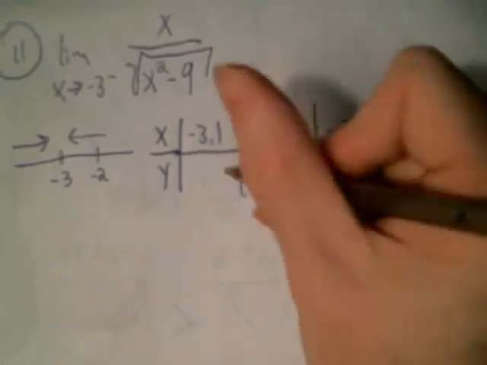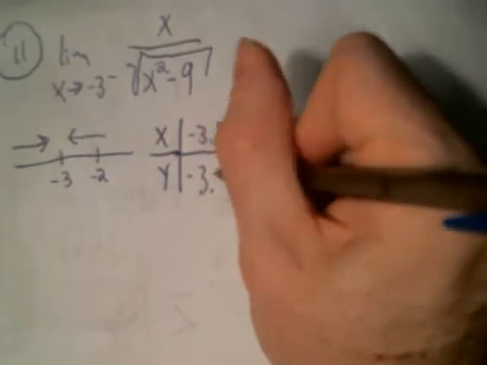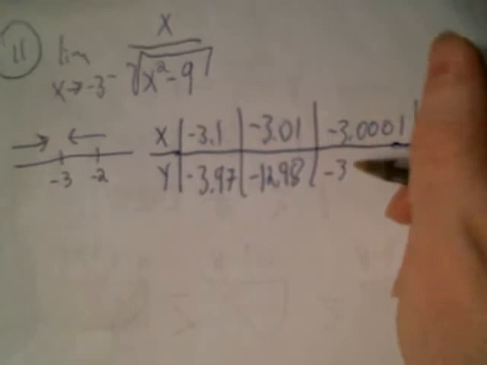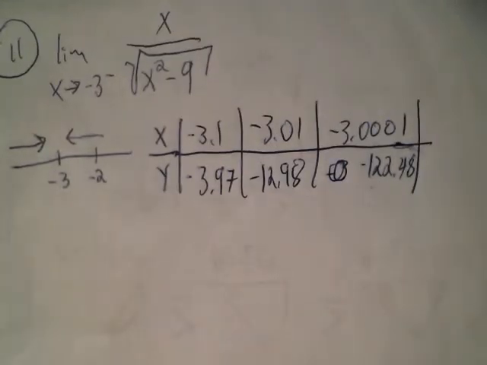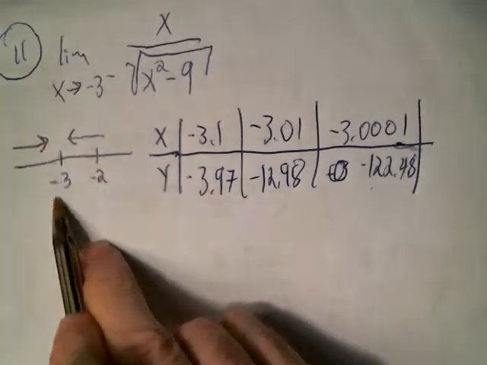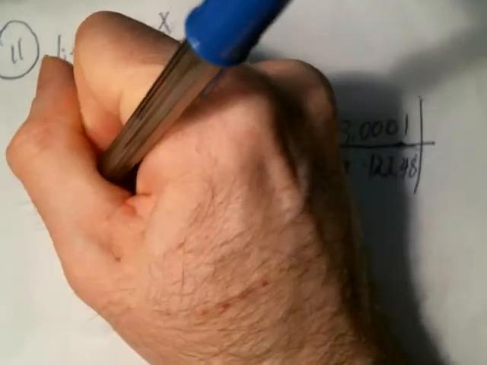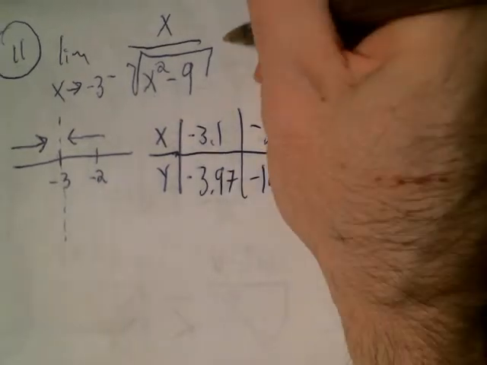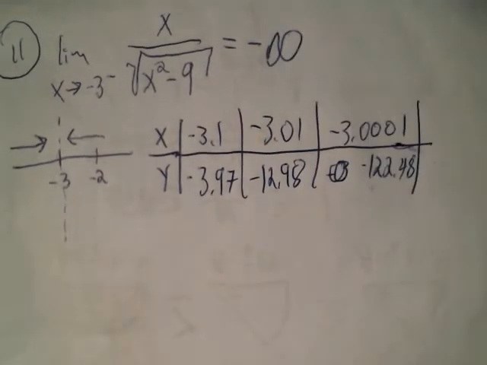If you put those in your calculator, and I've already done this, you get -3.97, -12.98, -122.48. What's going on here is you have unbounded behavior. You can put a name on this type of behavior. It's going to -infinity. It just keeps going down and down and down as we get really close to -3. In fact, we should have some sort of asymptote at that point. So this will be -infinity.